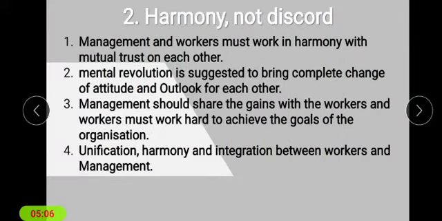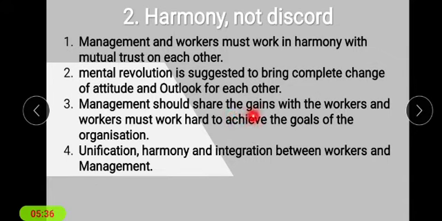So the main keywords are that management and workers must work in harmony with mutual trust in each other. For this, Taylor suggested mental revolution to bring complete change of attitude and outlook for each other. They should always trust each other. Otherwise, it is not possible to implement scientific management.